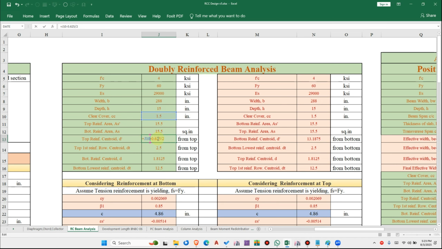Okay, make it plus. Okay, let's do it again. The clear cover plus rebar diameter. That's it. Top first reinforcement row centroid. This is the same since there is only one row of rebar at each part. Bottom reinforcement centroid will be 15 minus this actually. So this one is correct.